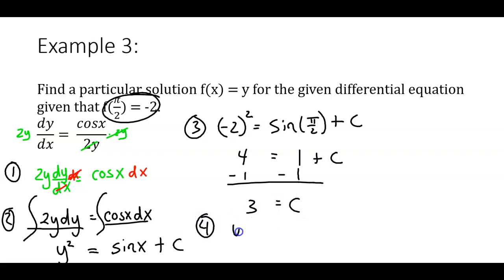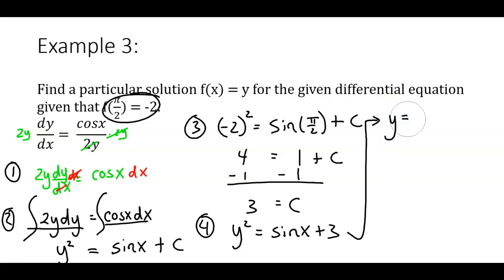And so my general solution in implicit form is that. But we have to get the y by itself, as you know, so I need to square root both sides. Now this is the situation where you actually get 2 answers again.